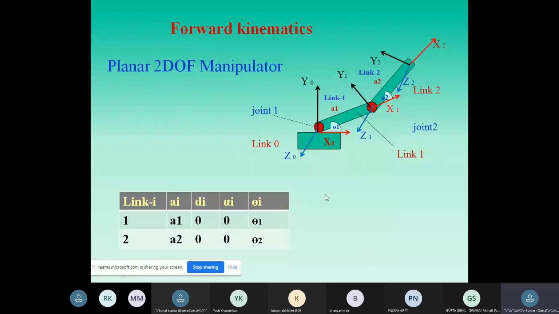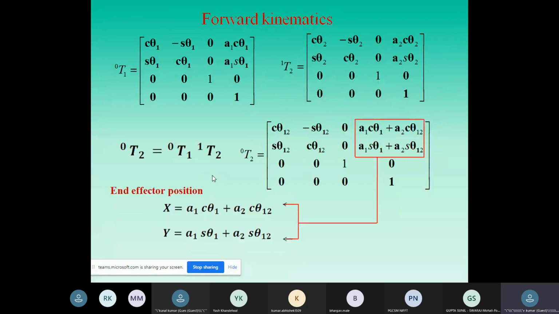This is the DH parameter for the 2DF manipulator. To calculate the forward kinematics, first we have to find the DH parameter of the given manipulator. Then, having the DH parameter, we will apply the transformation matrix for each link.